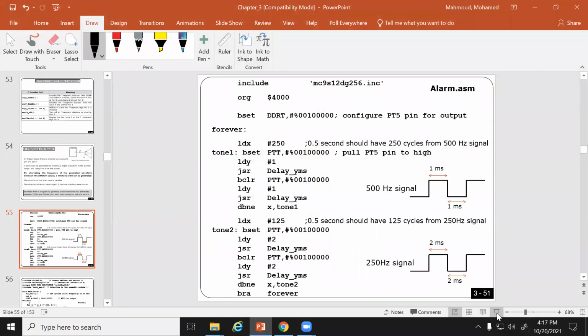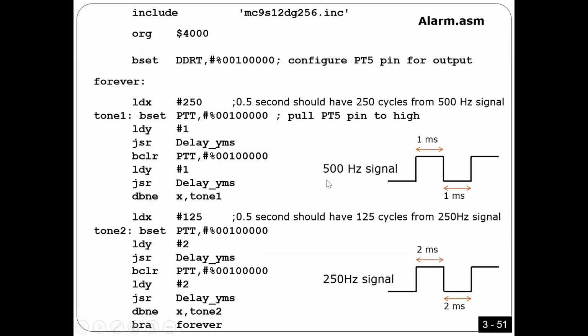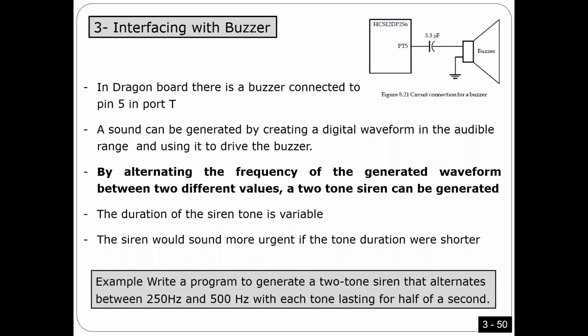I'm going to tell you just in case. This jumper controls this buzzer. It's like a switch. The buzzer can get the signal from BT5, or from the analog to digital converter, or from something else.